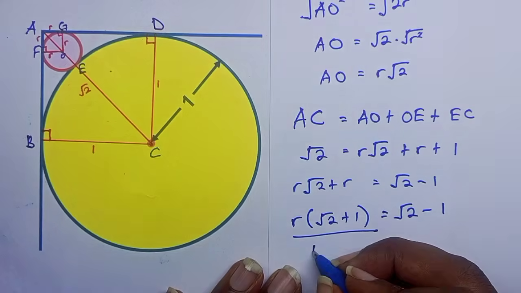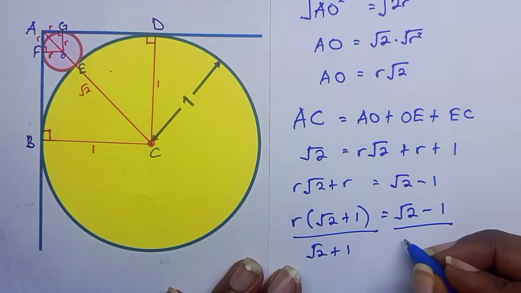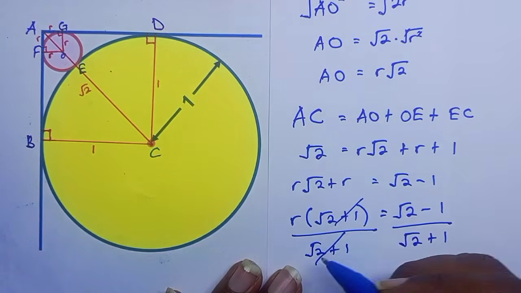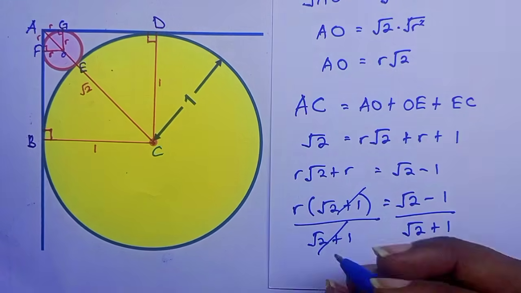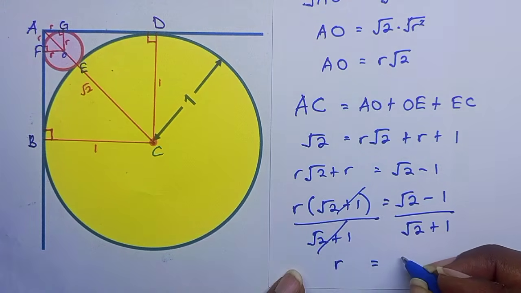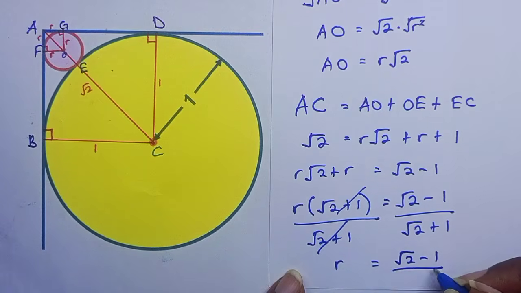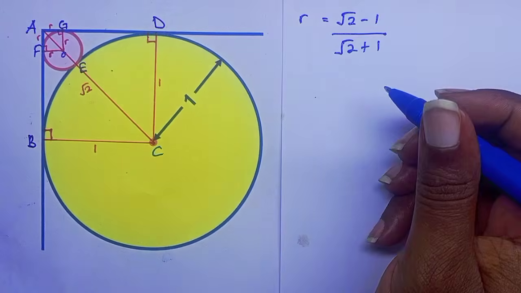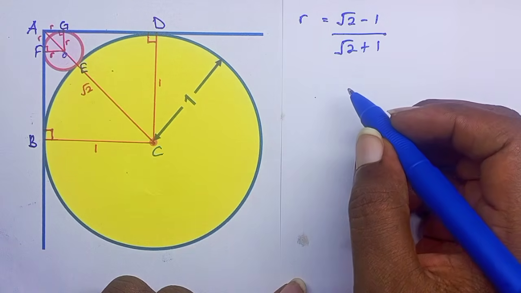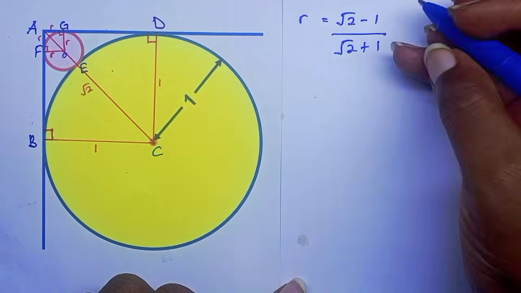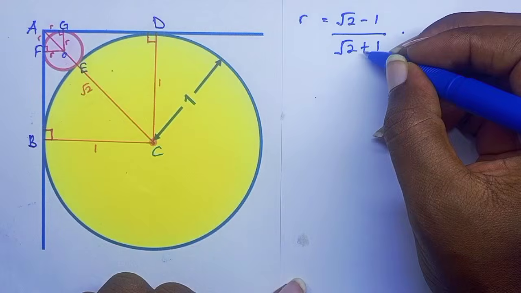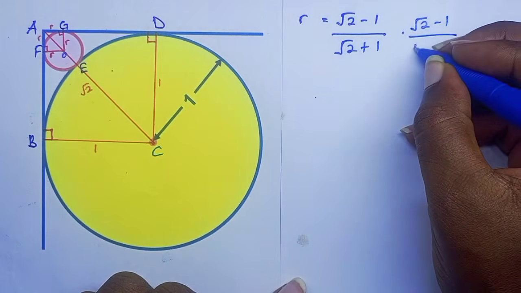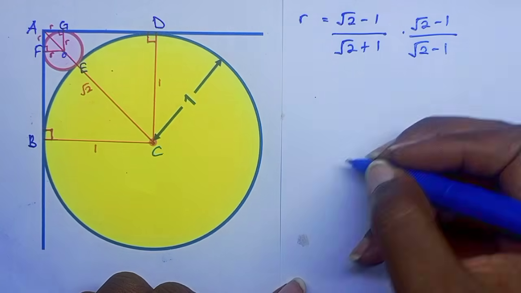So let us divide by root 2 plus 1 on both sides. Root 2 plus 1, this cancels. And so r is equal to root 2 minus 1 over root 2 plus 1. Now let us rationalize the denominator. We are going to multiply by the conjugate of the denominator, which is root 2 minus 1, both numerator and denominator.